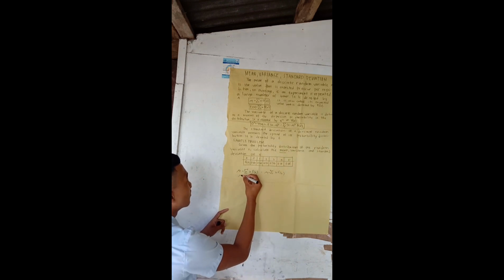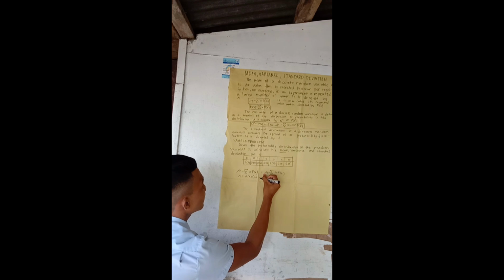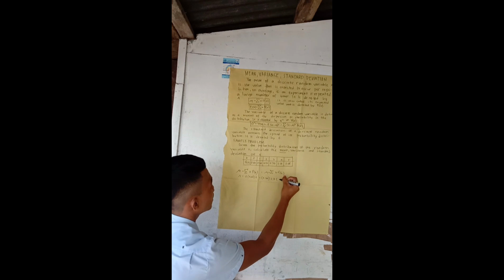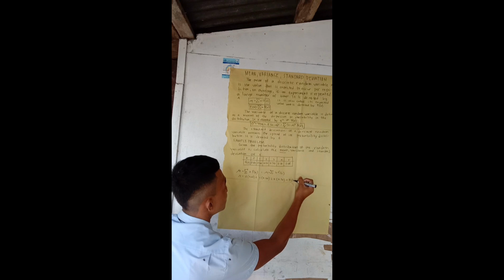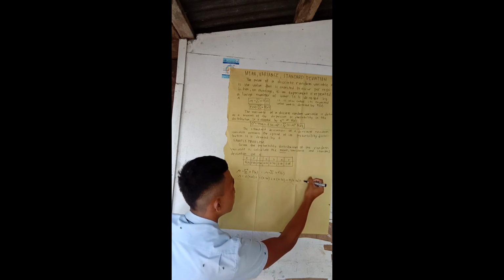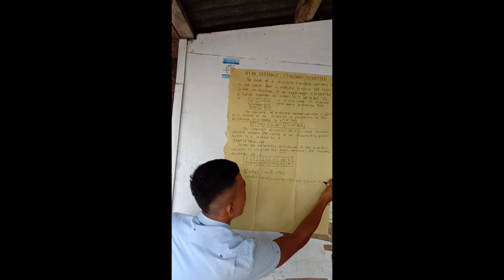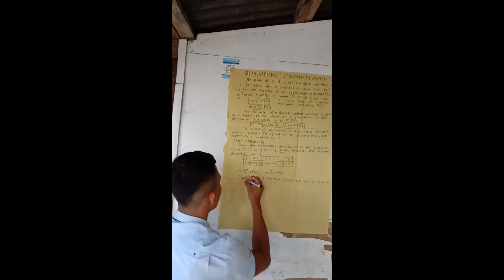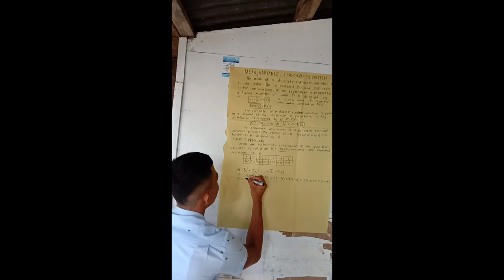So mu is equal to 0 multiplied by f of x 0.02 plus 1 multiplied by 0.2 plus 2 multiplied by 0.30 plus 3 multiplied by 0.30 plus 4 multiplied by 0.10 and plus 5 multiplied by 0.08. And computing that, we will get the value of 2.5.